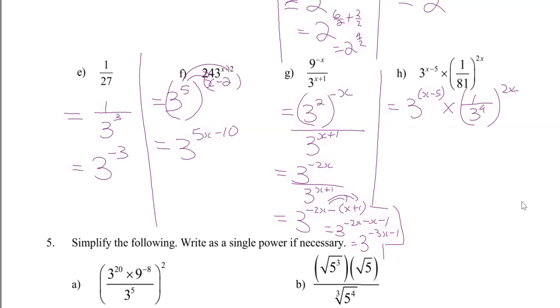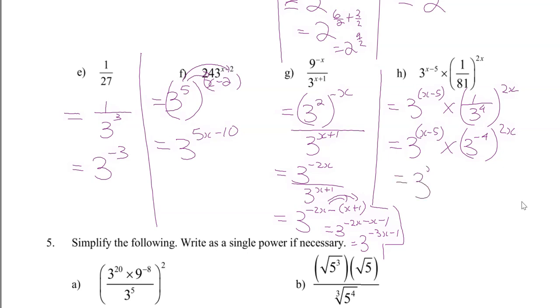This is really a 1/3, so we're going to change that by making it 3 to the negative 4, to the 2x. If we ever have the number in the denominator with a positive exponent, just promote it up top: move it from the denominator to the numerator and change the exponent from positive to negative.